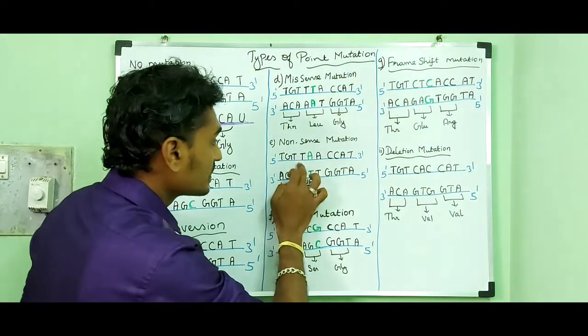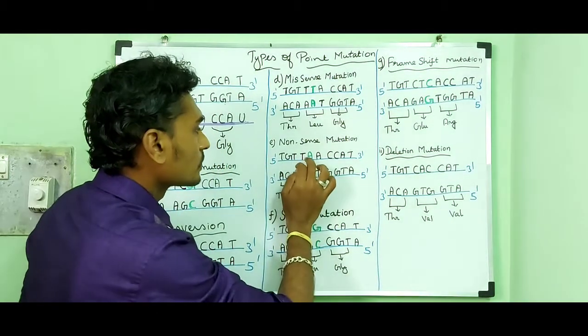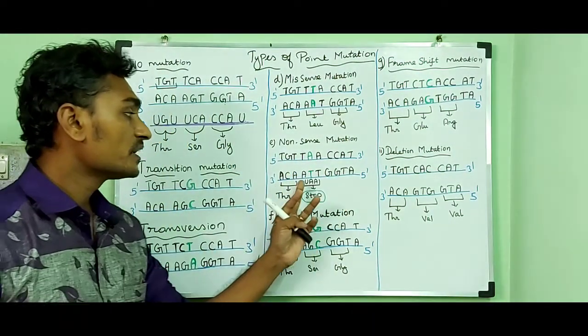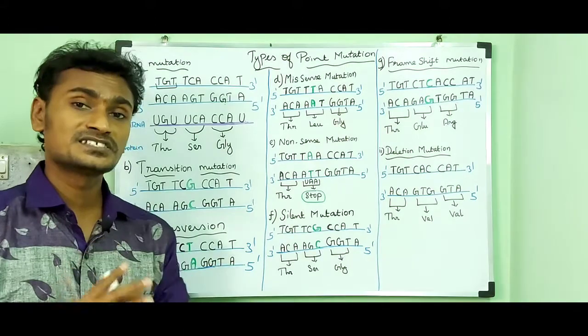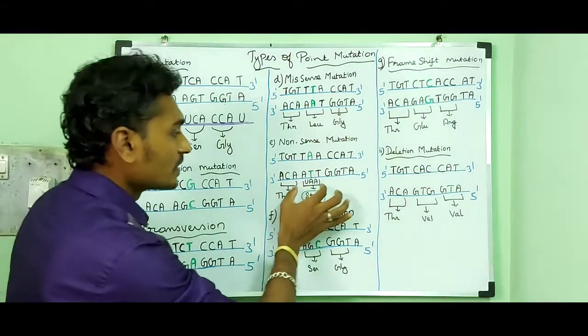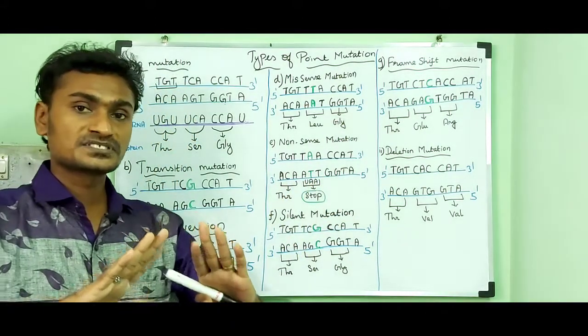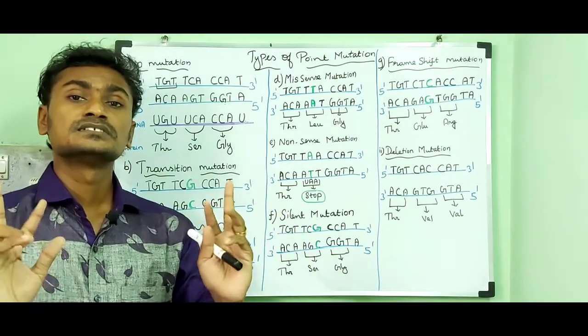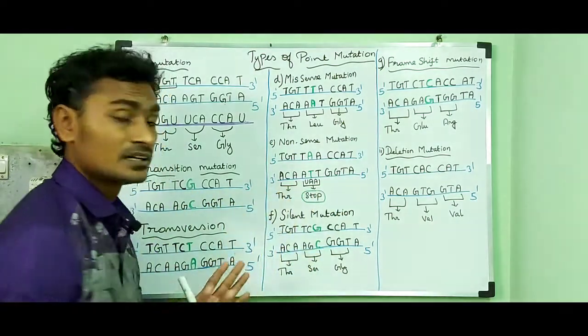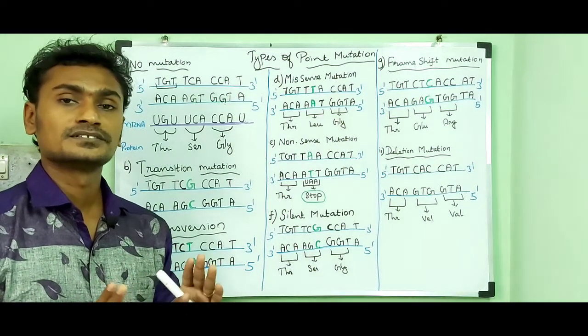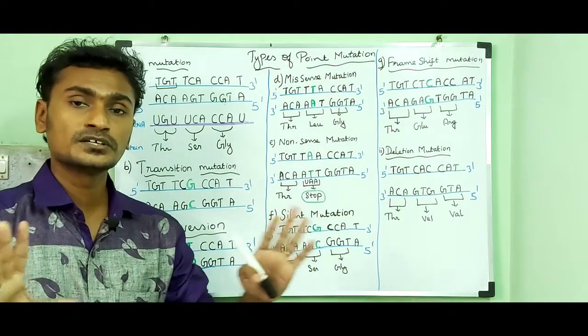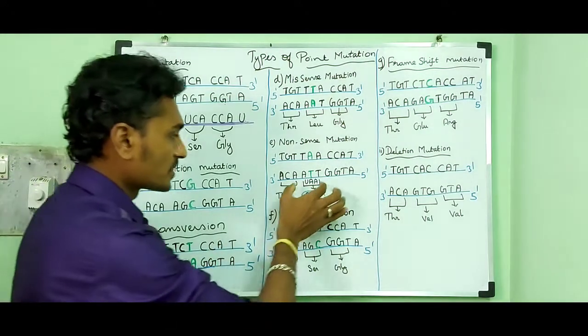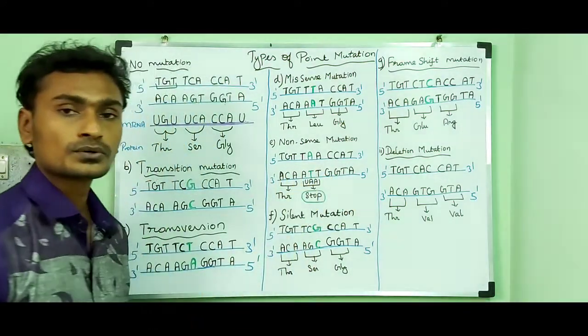So here it contains T, so U, so A and A. So UAA is a termination codon. So this termination codon stops the amino acid production. So that is why it is called nonsense mutation. There is no sense in that mutation due to the production of a termination codon.